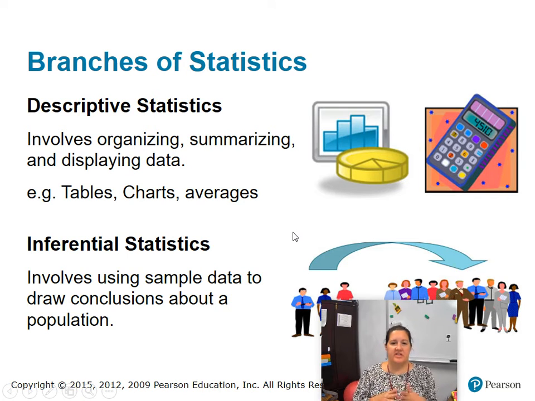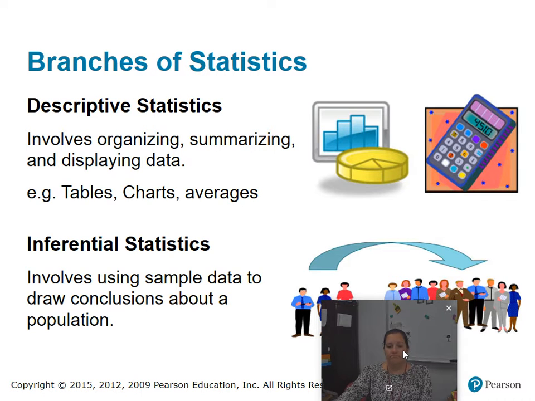All right, so branches of statistics here. We could either get descriptive with the actual numbers, or inferential, sort of like after the numbers. What are you going to conclude?